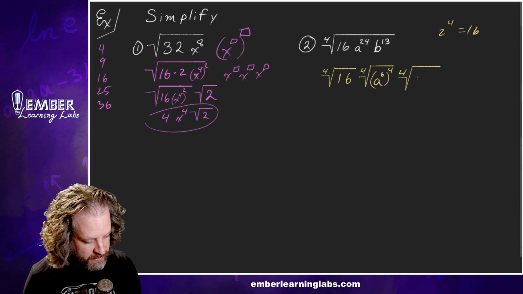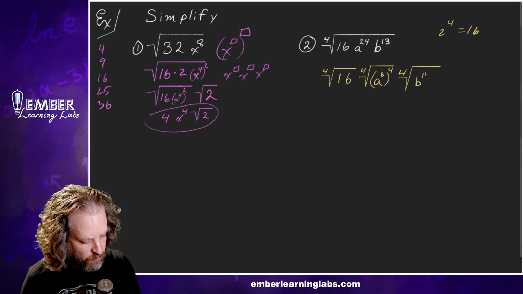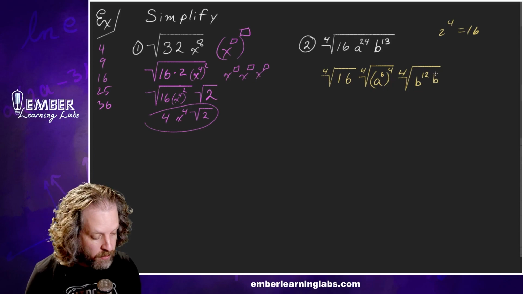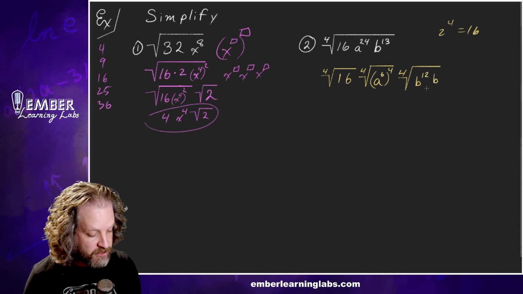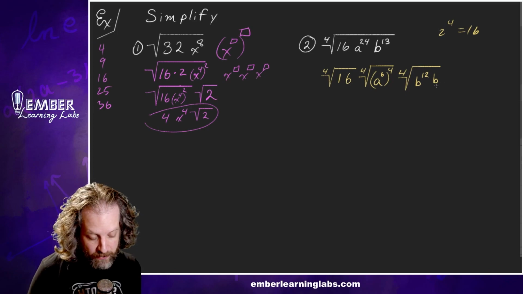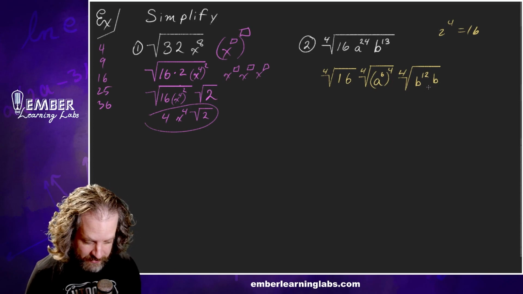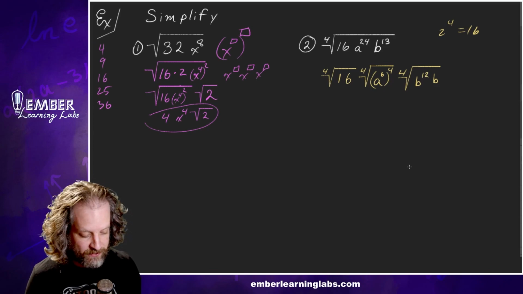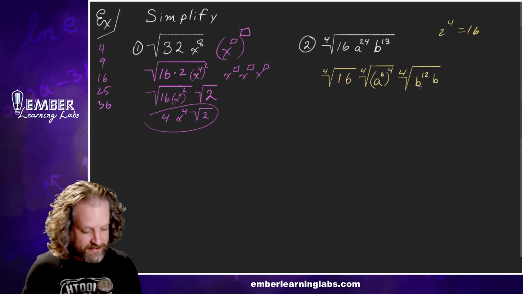So we can split this into b to the 12th times b. Remember, if there's nothing there, it's a 1, right? 1 plus 12 is 13. And we split that up because 4 times 3 is 12, right? So we can take care of this one.